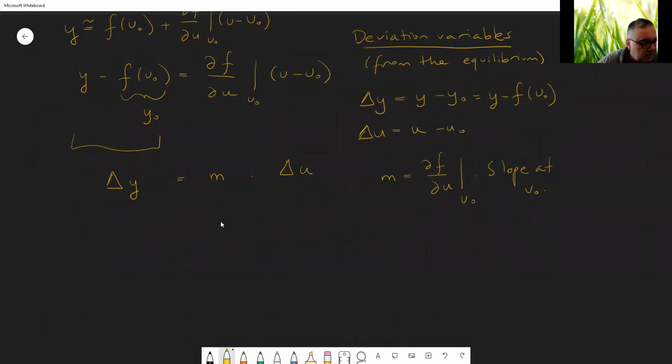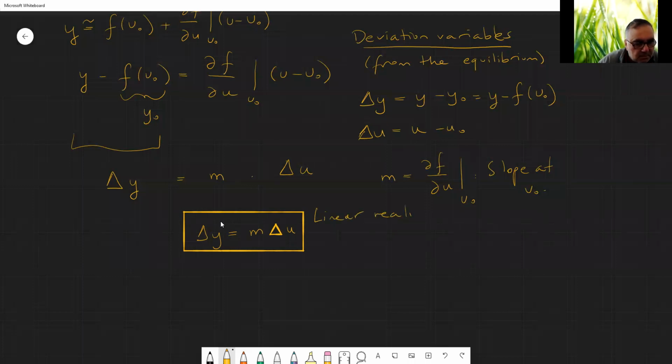So you have a linear relationship: delta Y equals M times delta U. Which is approximately valid, let's say, around the equilibrium point U0, Y0. Okay? So you can use this in your differential equation if necessary.